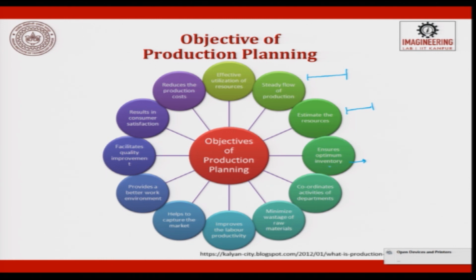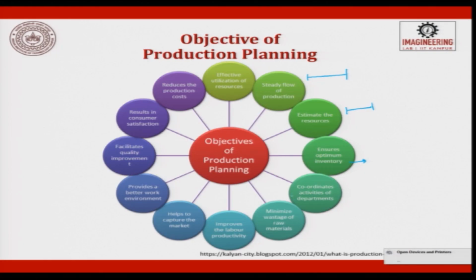Inventory is nothing but you have invested money, you have bought it and you are holding it without utilizing it. Coordinate activities between the departments, minimize wastage of raw material, improve labor productivity. Labor productivity means output by input, and input should be minimized: man, material and machine.